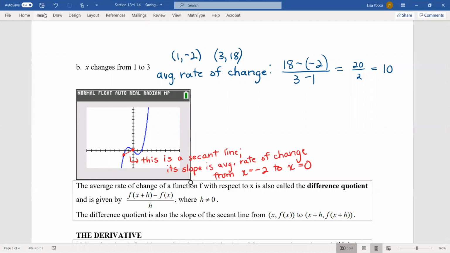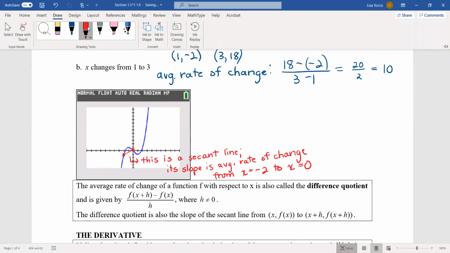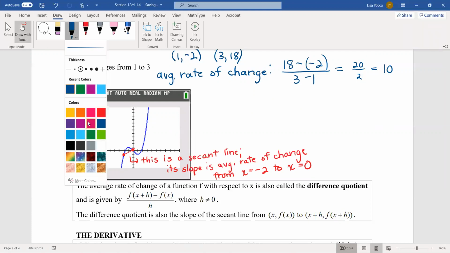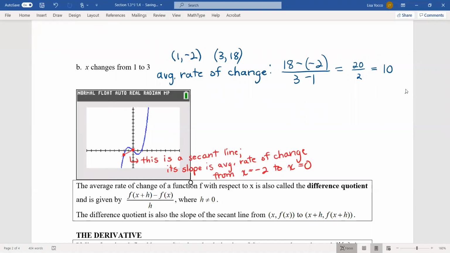And then in part B, we went from x equals 1, which is right here, to where x is 3, and that's somewhere here. So the slope of that line is 10.